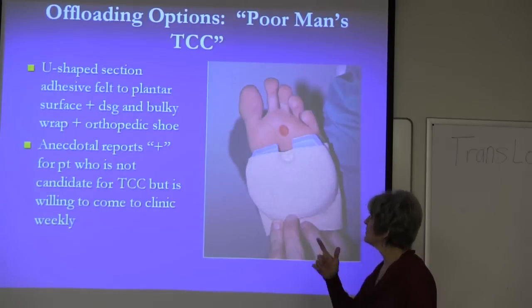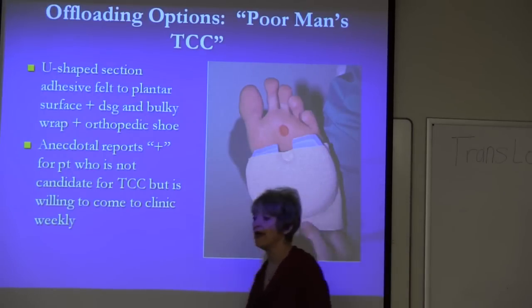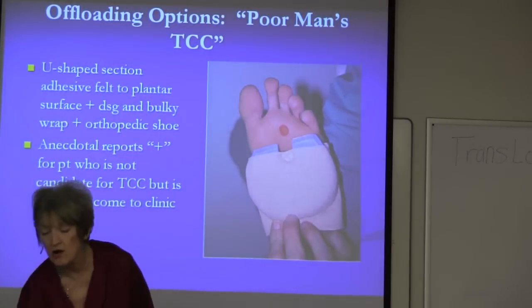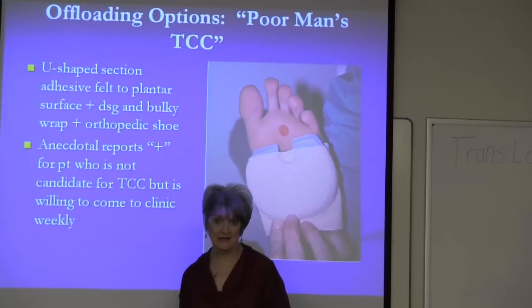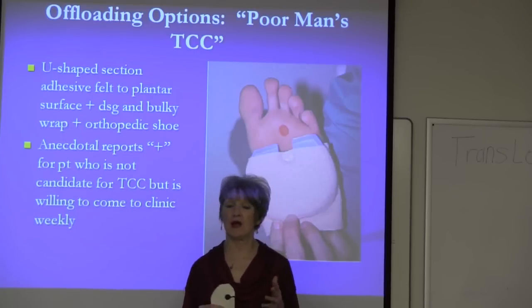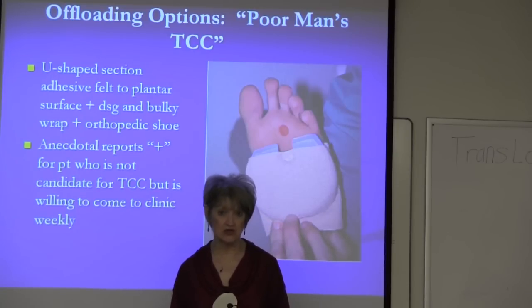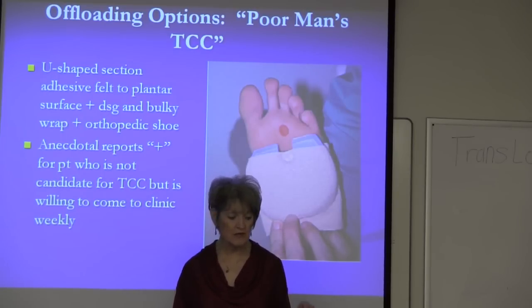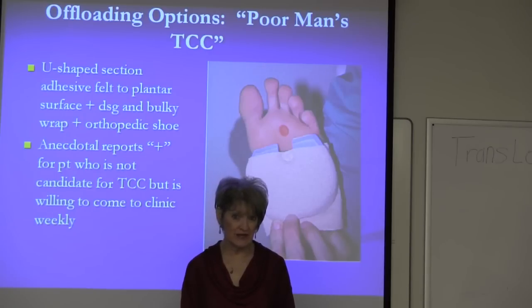What else can you do? Well, there's something called a poor man's total contact cast that can be done in centers where total contact casting is not an option, either because of staffing issues, cost issues, time issues. And maybe your patient does not have an insurance benefit that covers the removable cast walker.